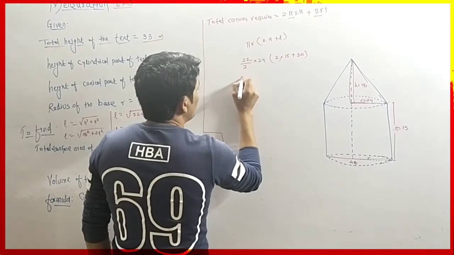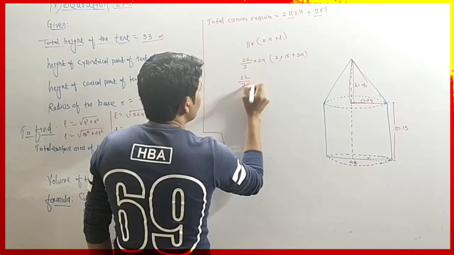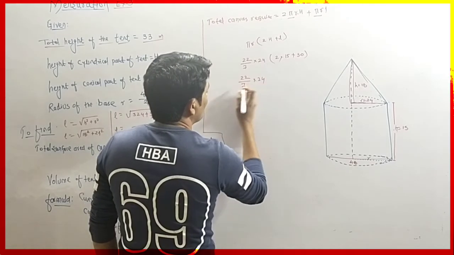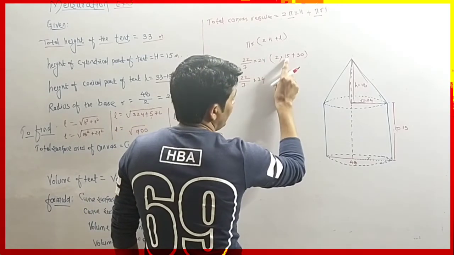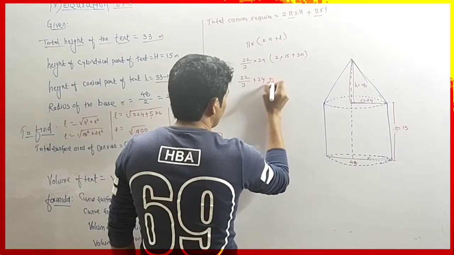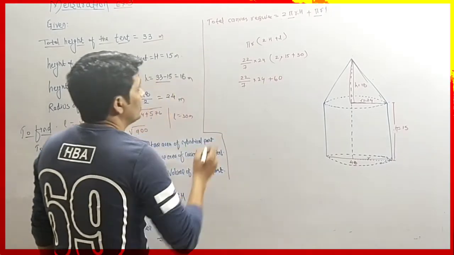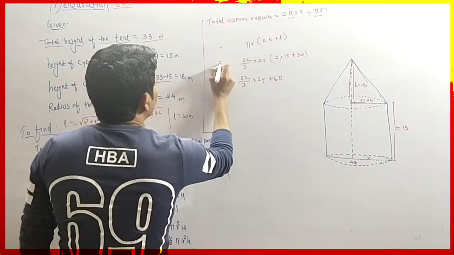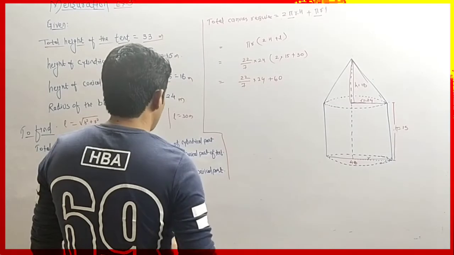So 22 divided by 7 into 24. When we solve, 15 2s are 30, 30 plus 30 is 60. So here we have to give the equal sign.